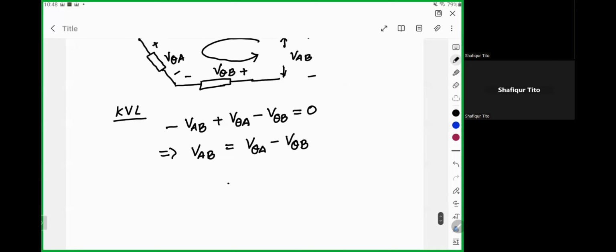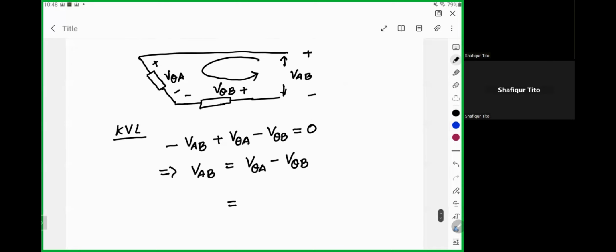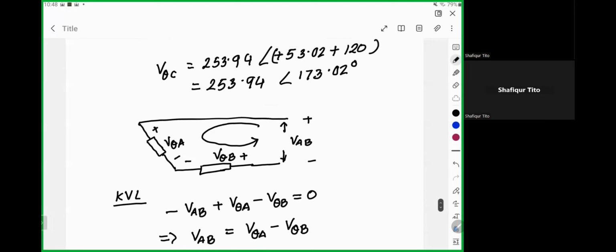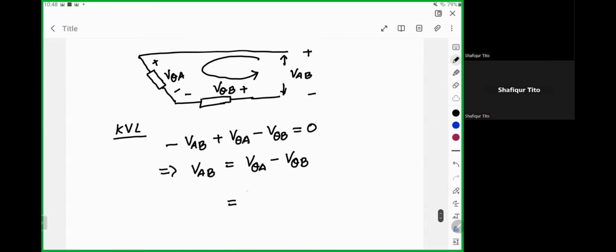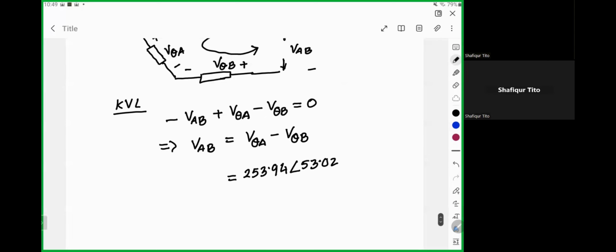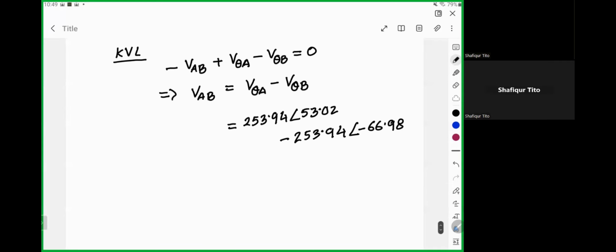Now we know all the quantities with the angle, so we can do the addition. So this is 253.94, making an angle of 53.02, and then minus 253.94, making an angle of minus 66.98, right? Now we can go as we have done in the previous class.